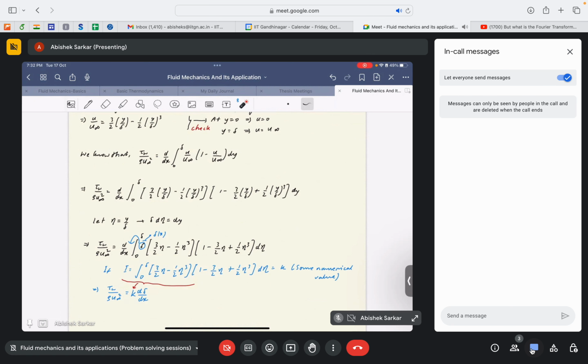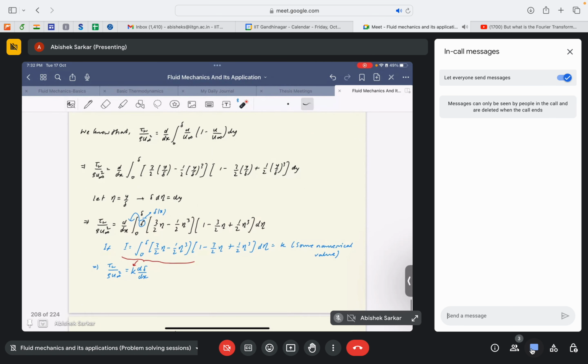If we say that this integration from 0 to delta is given by I, whose value is equal to some k, you need to evaluate this integration. I won't do that here. I will do that for one example in this session, but not this one.